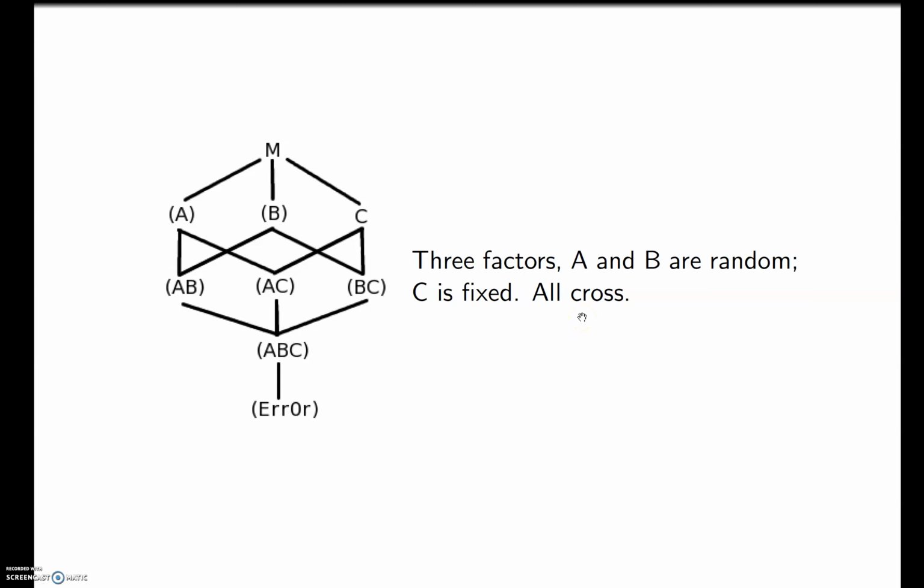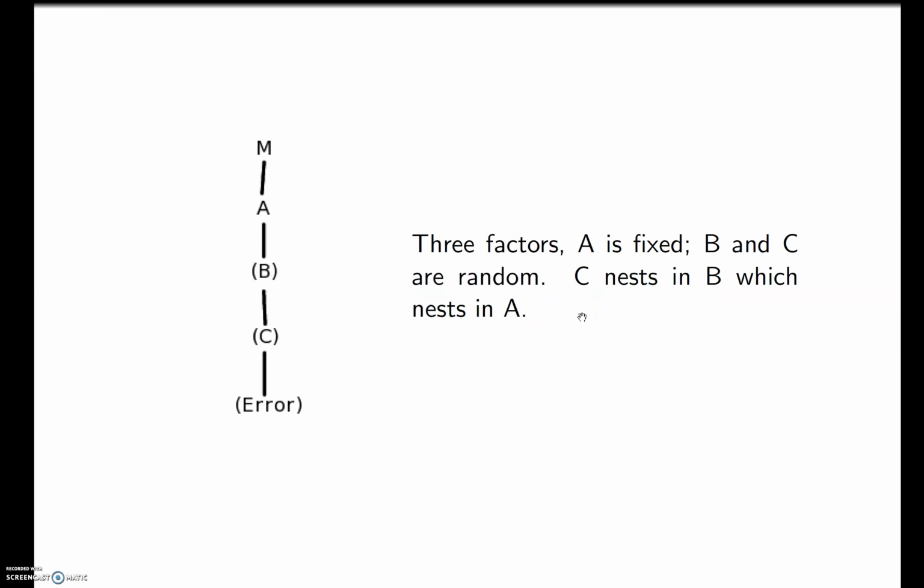Okay? Another. Well, this looks really weird. Let's look at the diagram and see if we can diagnose it. We've got the grand mean, a fixed factor A. Okay, that makes sense. But then right below A, we have a random factor B. There's no crossing, and it's not at the same level.